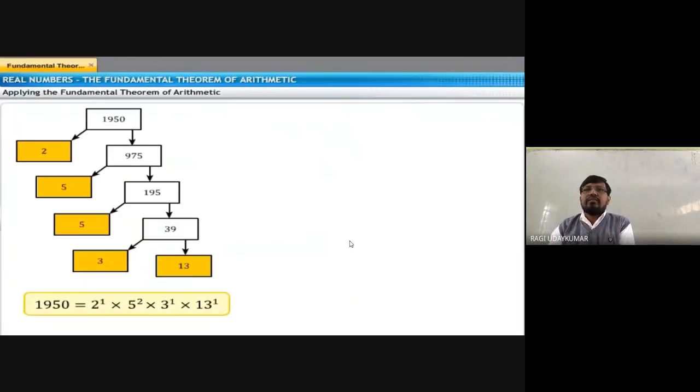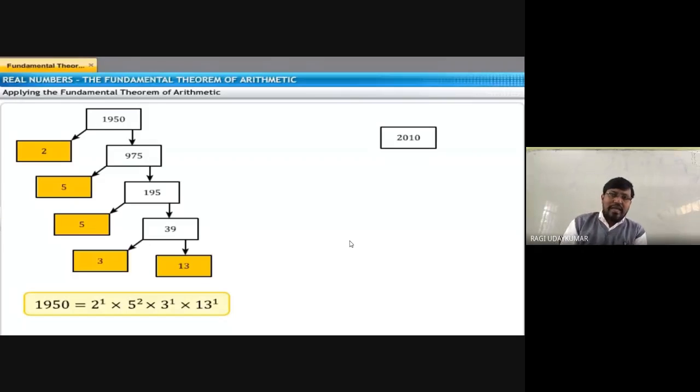Here, 1950 can be written as 2 power 1, 5 power 2, 3 power 1, 13 power 1. And 2010 is another number.